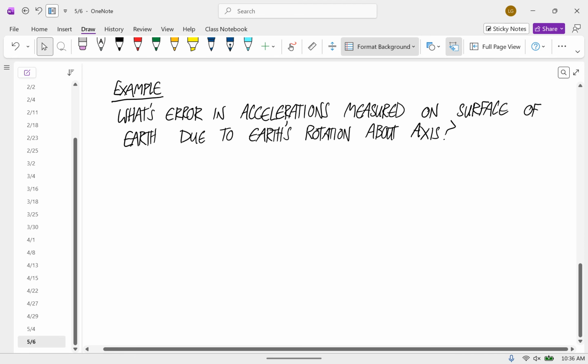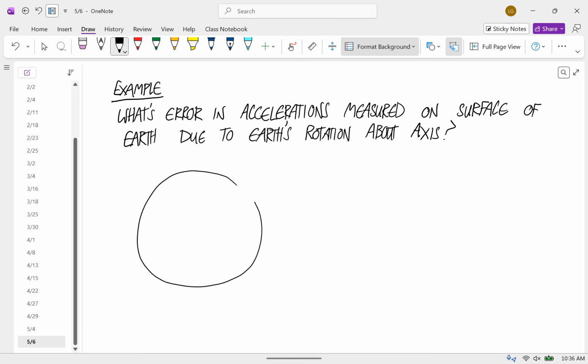And so here's what we're kind of thinking about. So there's the Earth, and I'll think of that as the equator. And here's the center of the Earth.